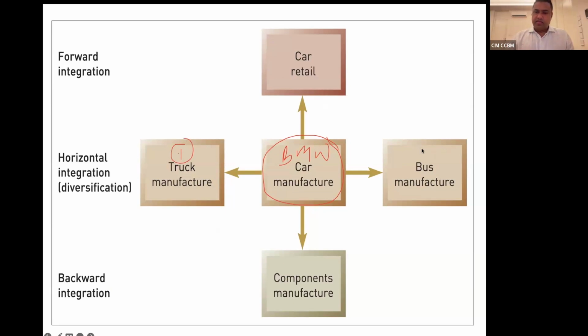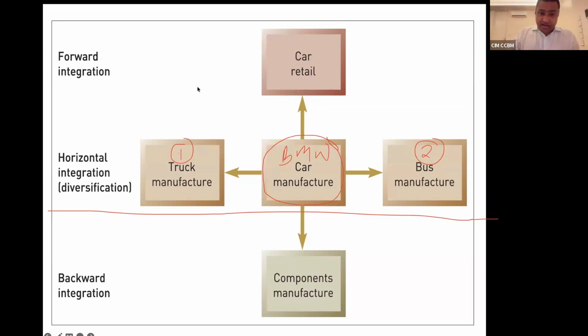You start manufacturing buses. So fairly diversified, still new strategic business units, but horizontal diversification. Those are not products. Those are new SBUs, new strategic business units. So that is horizontal diversification.